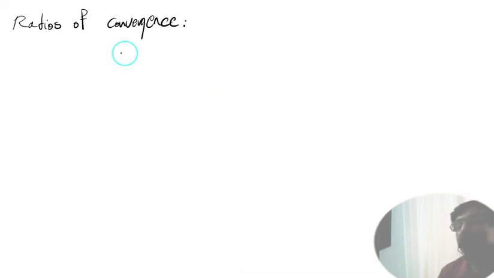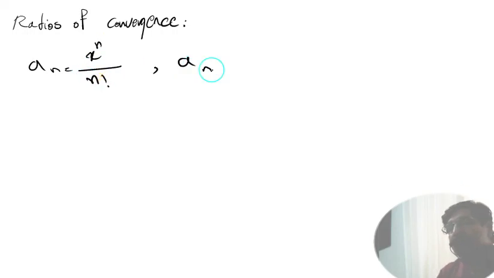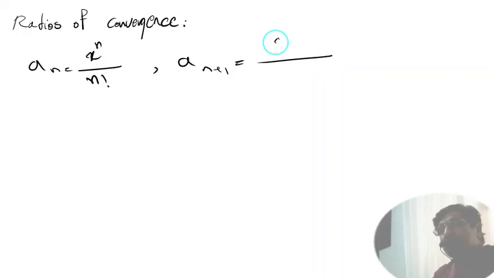For the radius of convergence we use the ratio test. We have a_n is x to the power of n over n factorial, so a_(n+1) is x to the power of n plus 1 over (n plus 1) factorial.